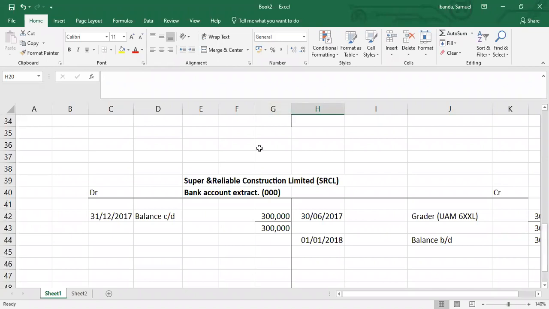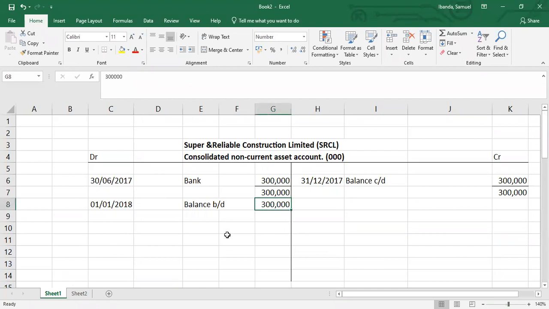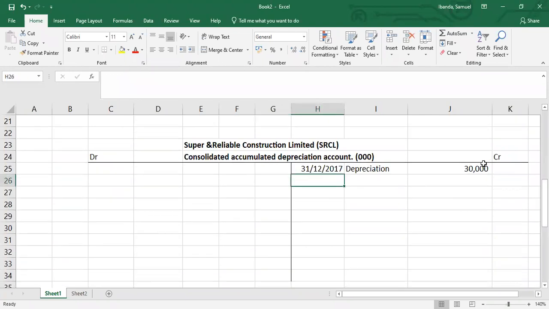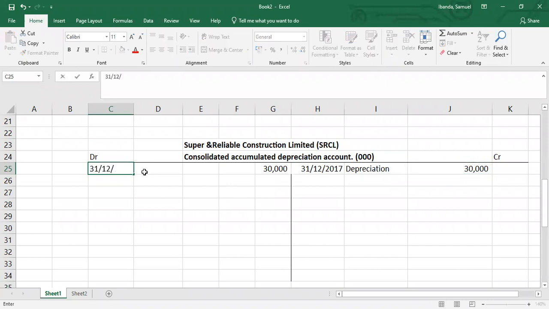All right, so once we do have that, you can go ahead to balance off this as well, since we don't have any other asset that is existing. So this is at 31st December 2017. This will be a balance carried down.